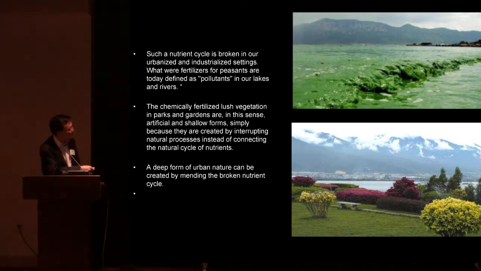And this nitrogen would be so treasured by farmers, by peasants, to fertilize their fields. But now we use chemical fertilizer to fertilize this landscape, and underneath here is a lake which is heavily polluted. So if we can fix this flux, we can virtually create deep form.